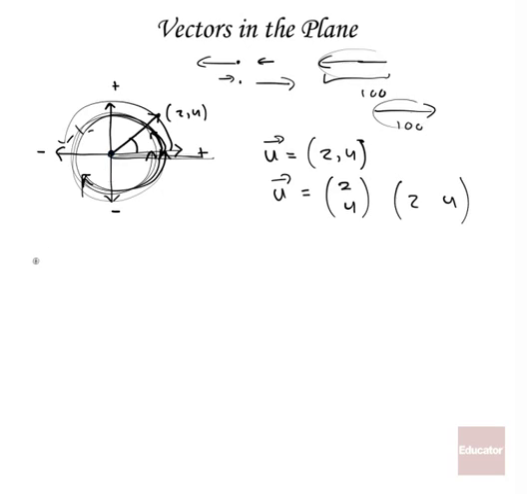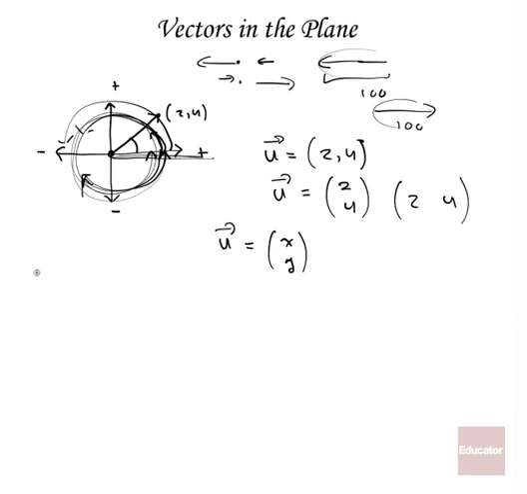Okay, let's define a couple of things. So if we have a vector, let's just take a generic vector, u, and again, vectors have that little arrow on top of it, and I'll do it as a column this time. I'll often do both, and it's not really a problem. Later on, when we get into certain aspects of linear algebra, it's going to be important how we actually use a vector, whether we do it as a column or a row, but for right now, it's not really much of a problem.